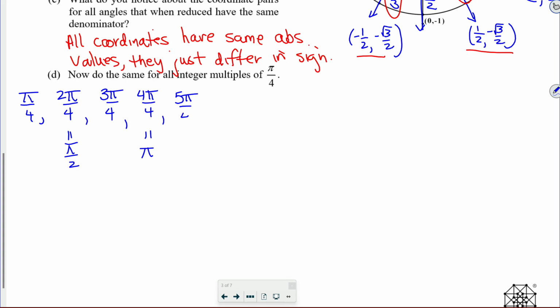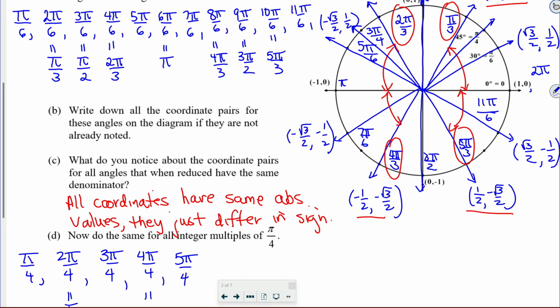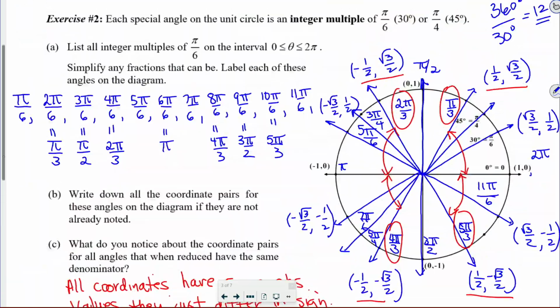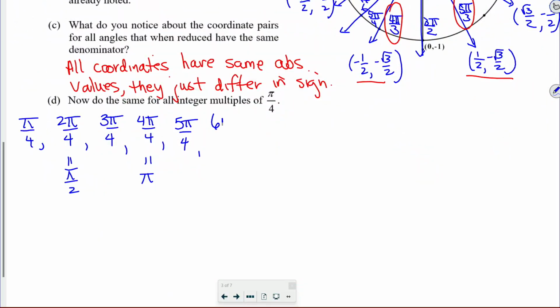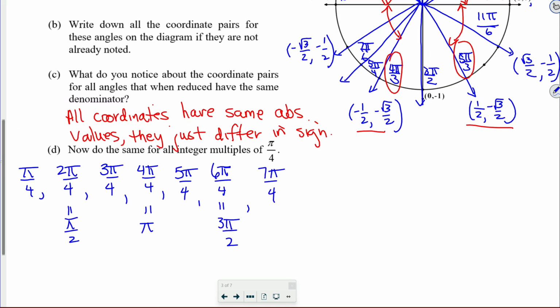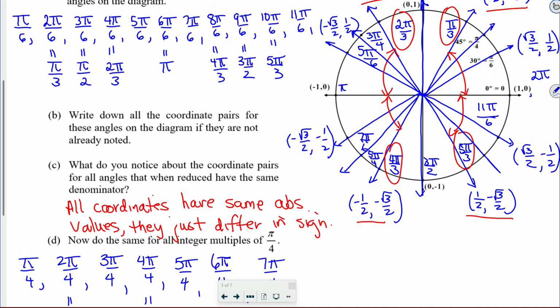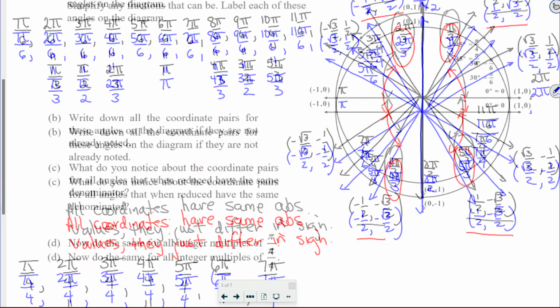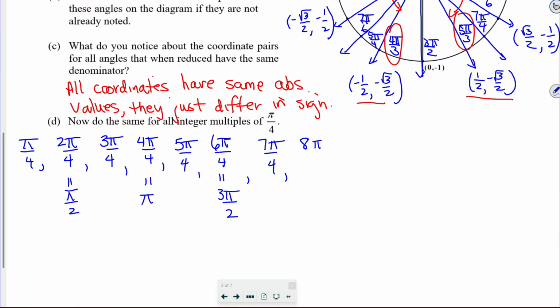Then we have 5 pi over 4, which is this guy right here, and I have to just sneak it in. Then we have 6 pi over 4, and that's 3 pi over 2, at the bottom of the circle again, 270 degrees. Then we have 7 pi over 4, and that's our 45 degrees version in here. And then we've got 8 pi over 4, which is 2 pi.